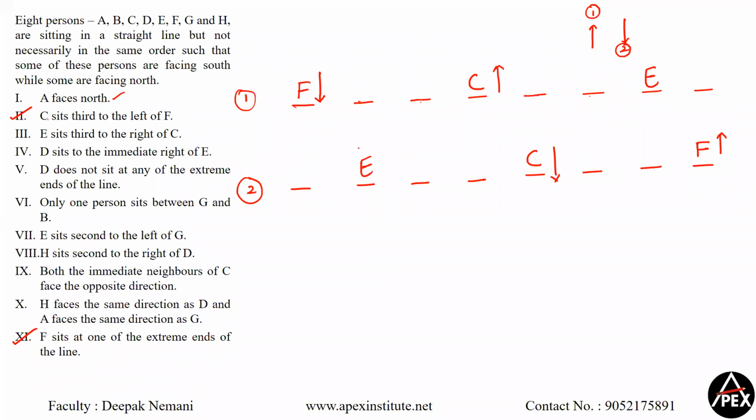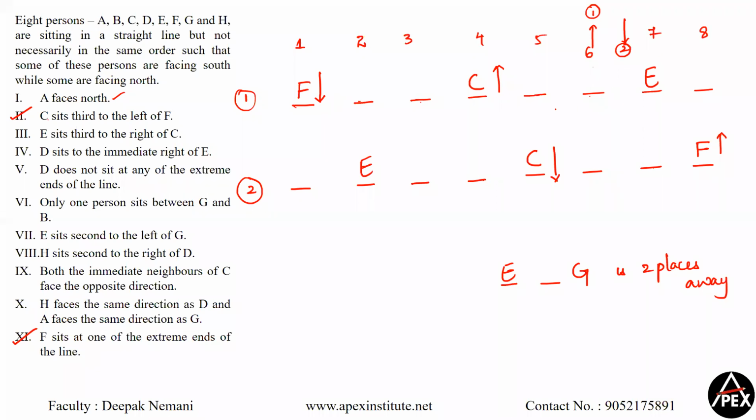Okay. E sits second to the left of G. So if G is here, E should be here. Or I can say G is 2 places away. Now if I name these places as 1, 2, 3, 4, 5, this is 6, this is 7, and this is 8.